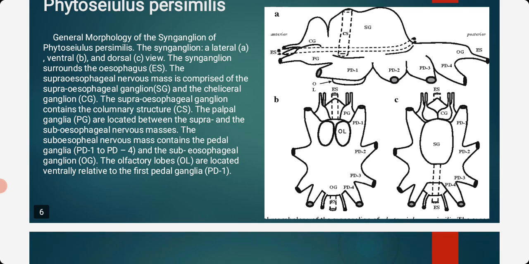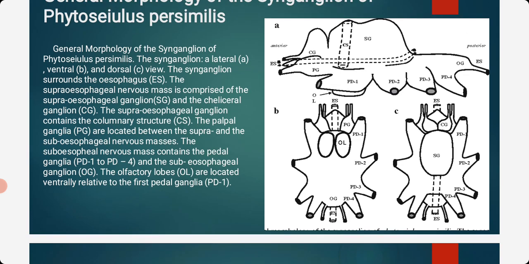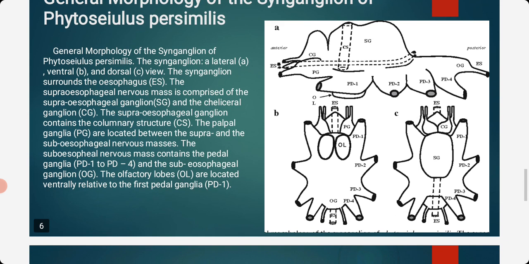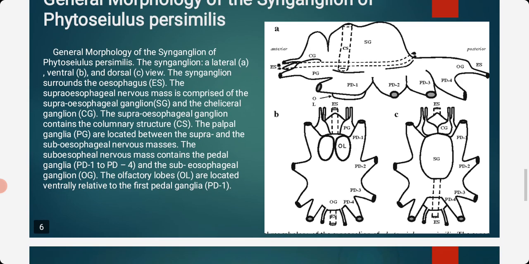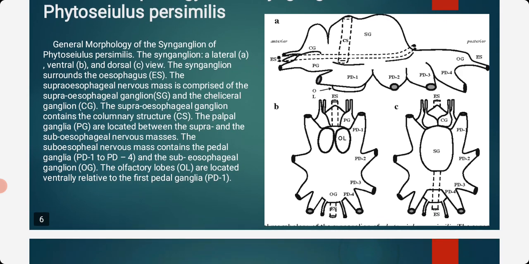So, the ganglion surrounds the esophagus. Sabi natin kanina na yung ganglion, it surrounds the esophagus. Makikita natin doon sa picture sa lateral view yung AS, which is the esophagus, it surrounds the esophagus.